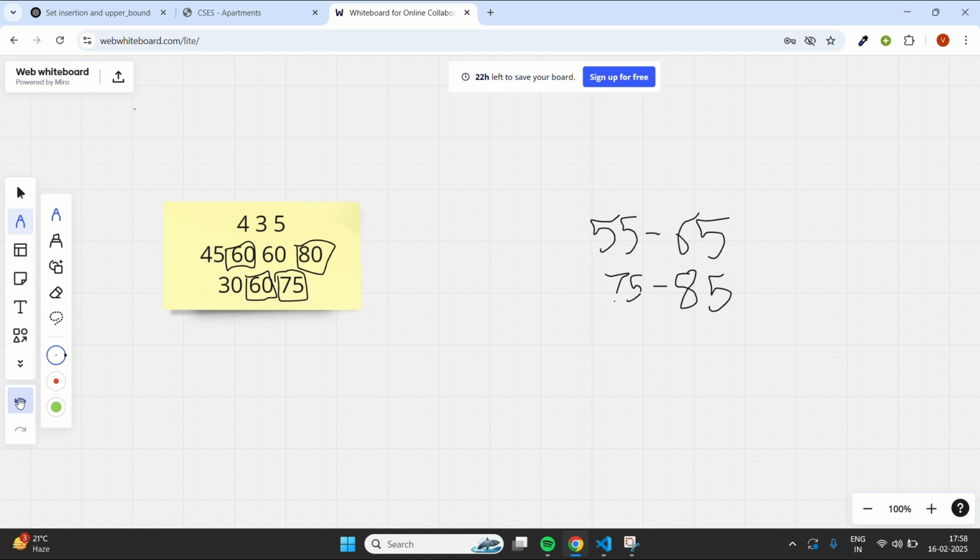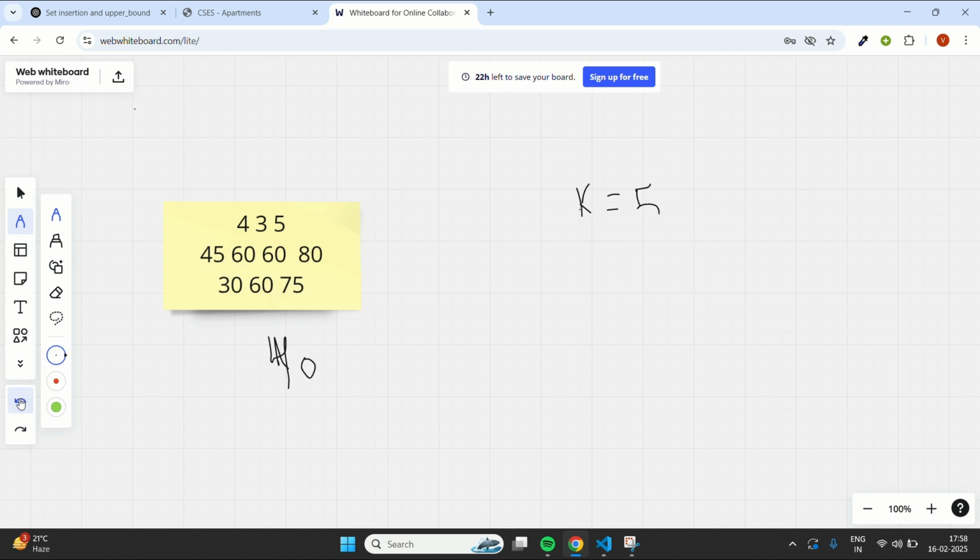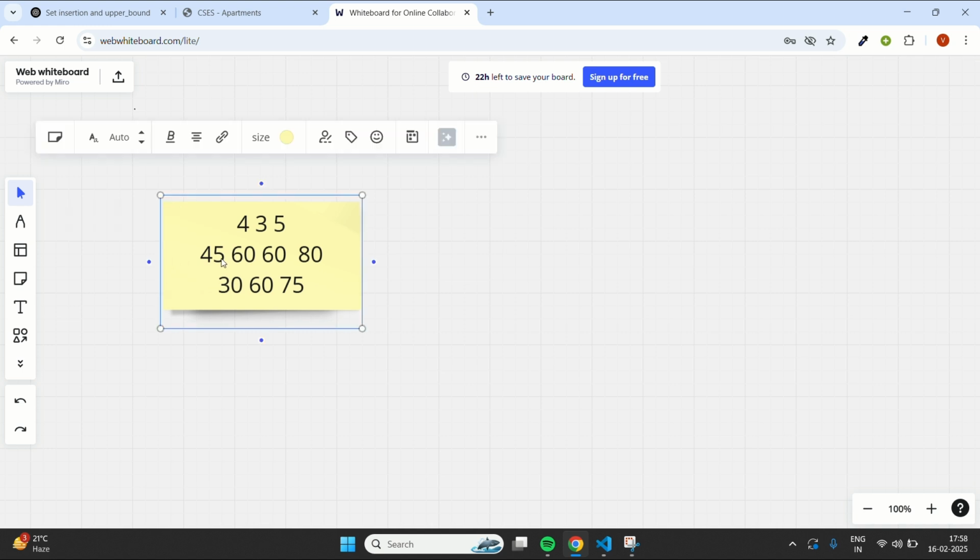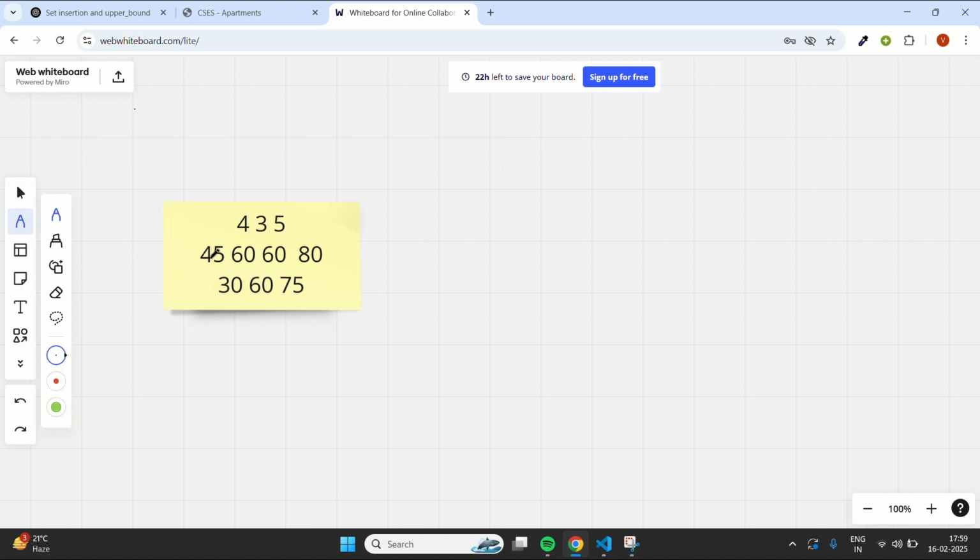Now let's see what would be the approach for solving this problem. So what we can do is, if we arrange our customers and apartments in ascending order, here we have already stored them in ascending order. So if we start from the first customer, can we allocate the first apartment to the first customer?